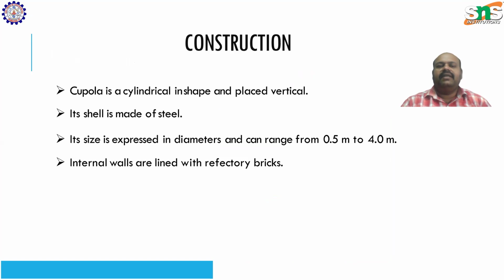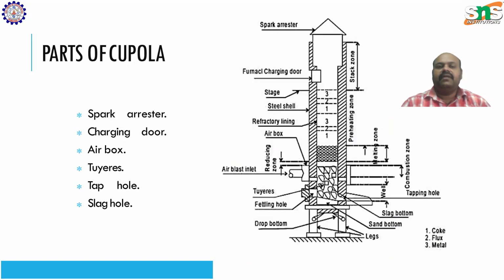So cupola is cylindrical in shape and placed vertically. Its shell is made of steel. Its size is expressed in diameters and can range from 0.5 to 4 meters. Internal walls are lined with refractory bricks. So these are the parts of the cupola furnace.